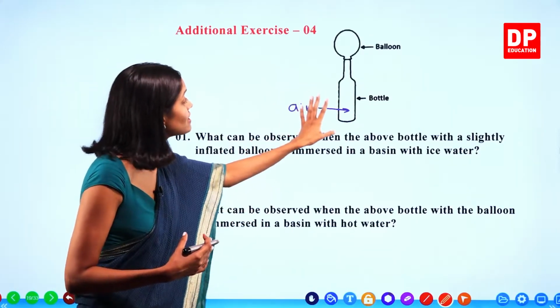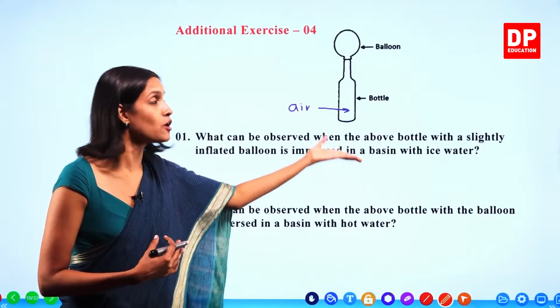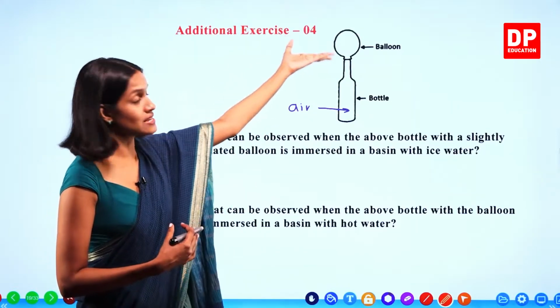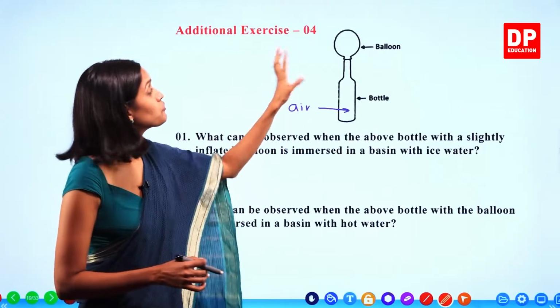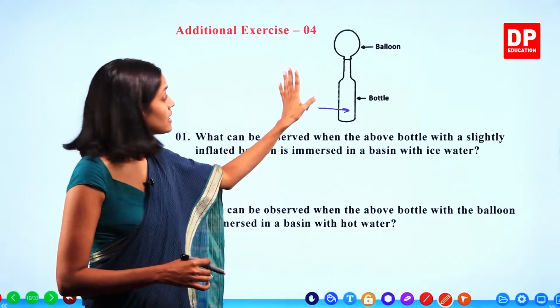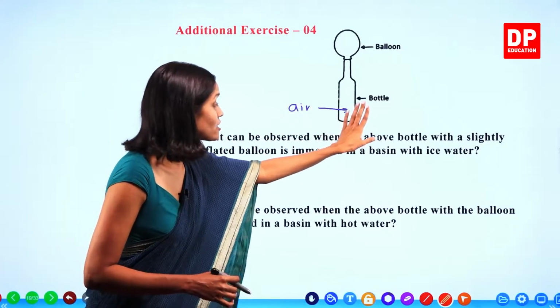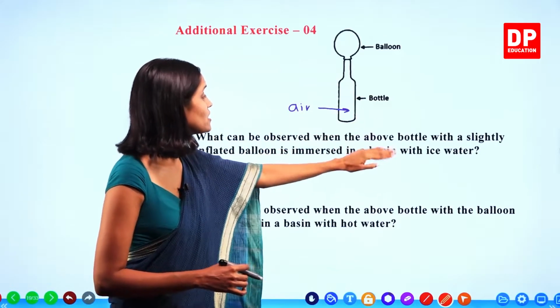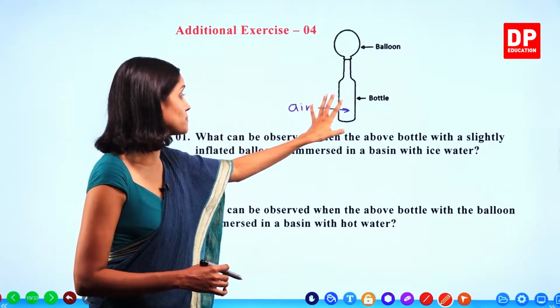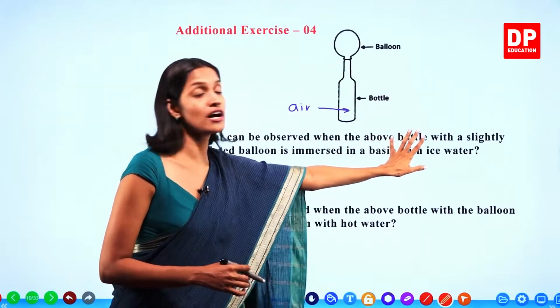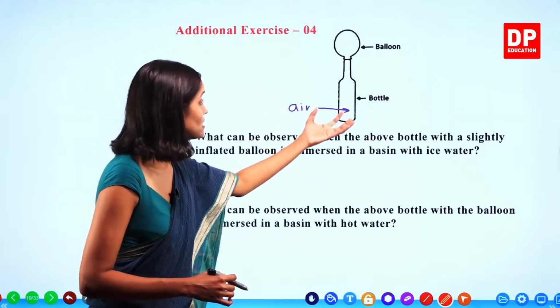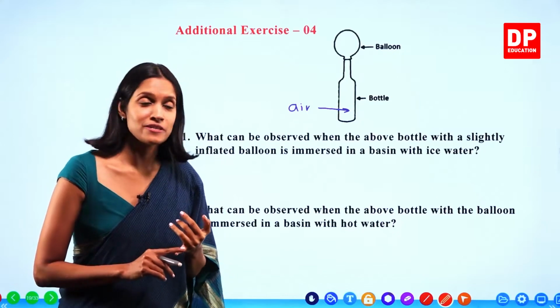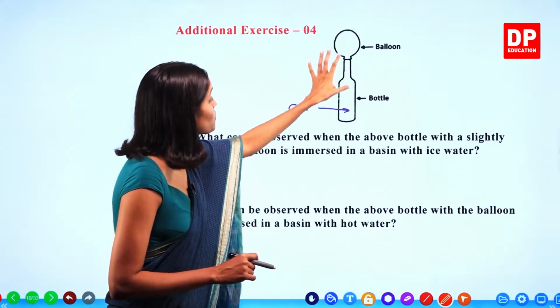When its volume increases, the increased amount of volume gathered inside the balloon. Okay, therefore the balloon inflates. Here what happens? The exact opposite takes place here. Instead of the hot water, we have to immerse this setup in basin with ice water beaker. Then what happens, children? The setup cools down.